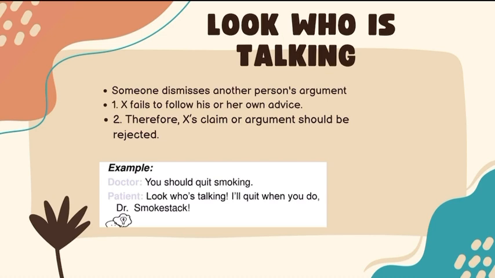This reasoning is fallacious because the strength or weakness of an argument should be evaluated based on the merits of the argument itself, not on the behavior or actions of the person making the argument. For example, doctor: you should quit smoking. Patient: look who is talking. I'll quit when you do.